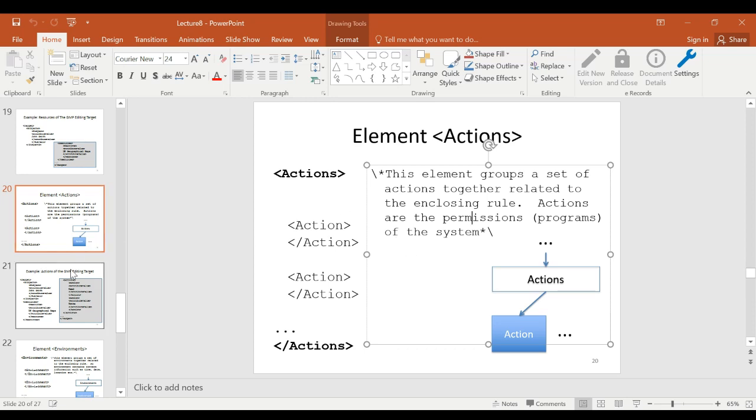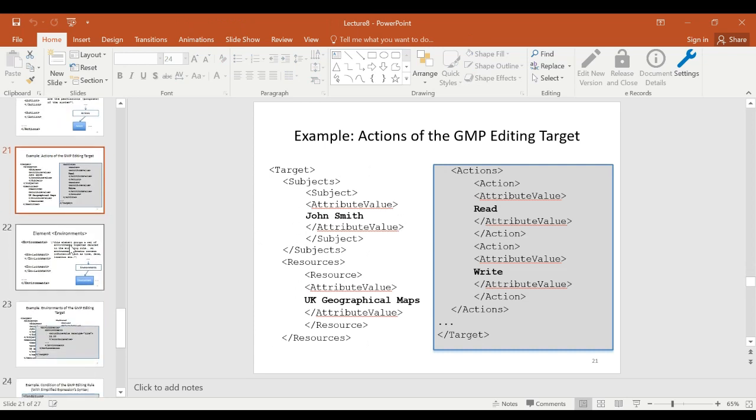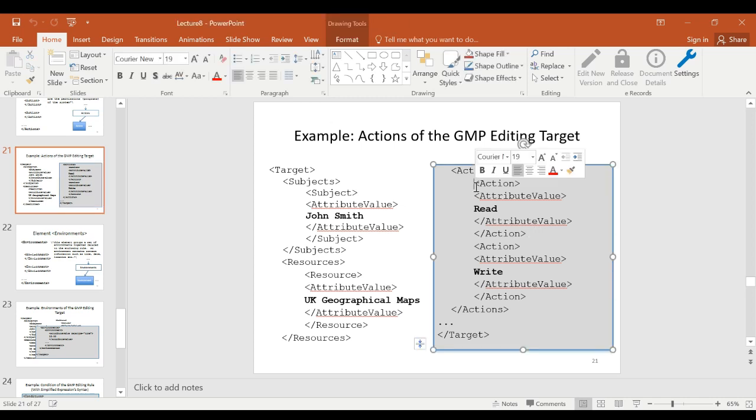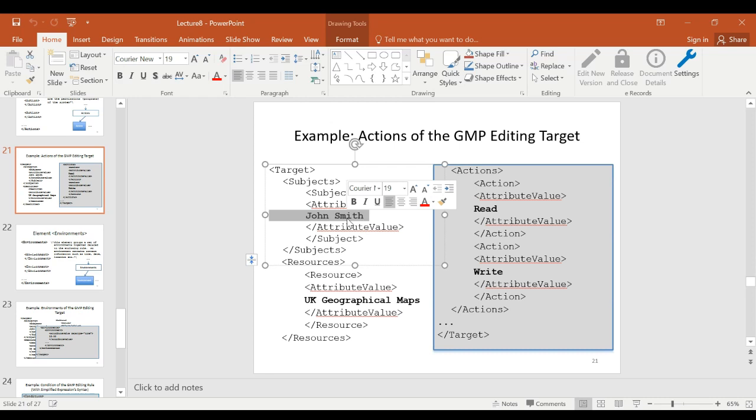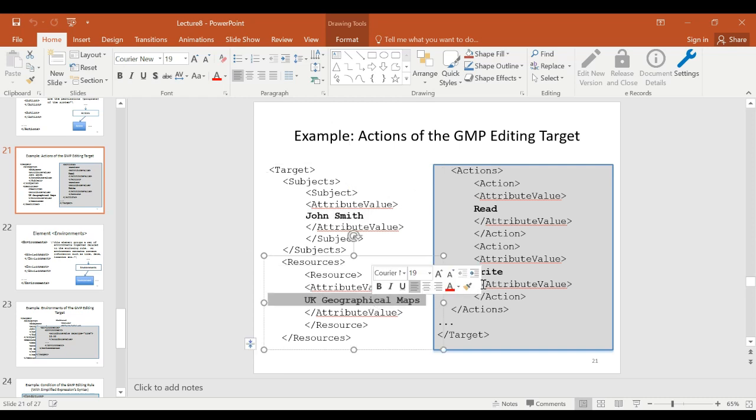And if we look at our example here, we can say basically that we would like to control John Smith's attempt to access the resource called UK geographical maps in terms of two particular specific actions.